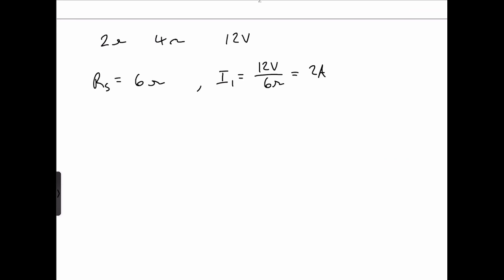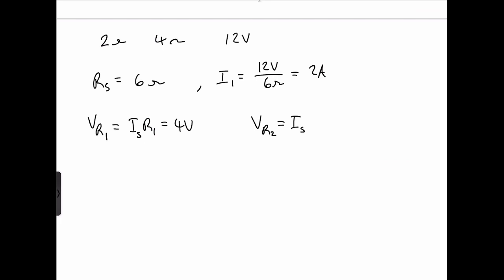So the voltage across each resistor would now be VR1, which is equal to I1 times R1, which is equal to 4 volts, and VR2, which would still be I1, because they see the same current. So we could actually just say this is the source current.